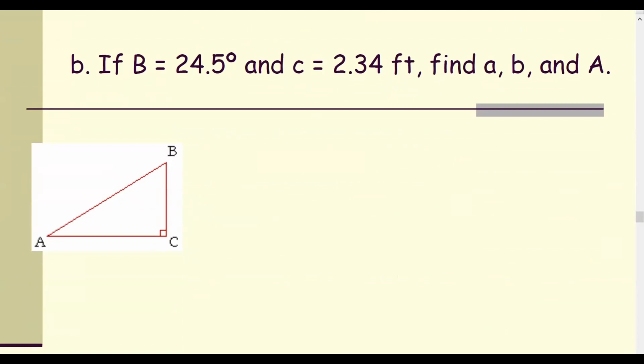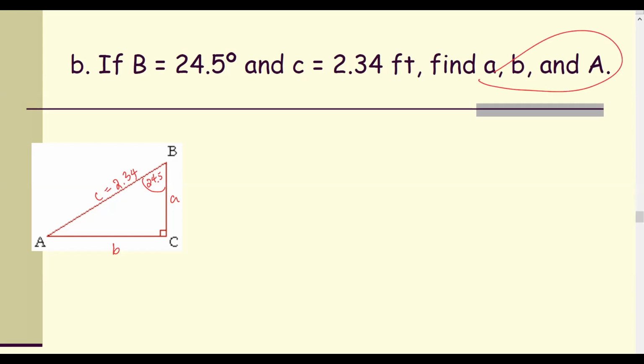Next example. Angle B is 24.5 degrees, and side C, which is the hypotenuse, is 2.34 feet. Find side A, which is opposite to angle A, side B, which is opposite to angle B, and then angle A. Consider the significant digits.